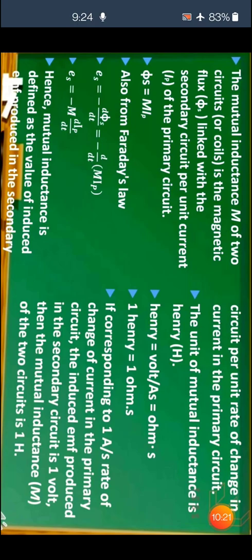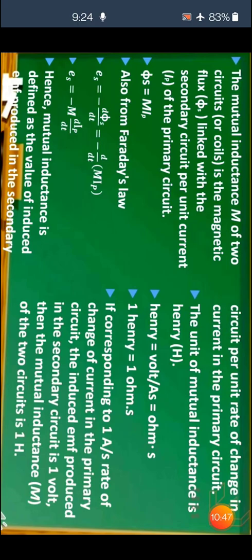Henry is nothing but volt upon ampere, that is equal to ohm second. Then 1 Henry is equal to 1 ohm second. Therefore, we get here the definition of 1 Henry.